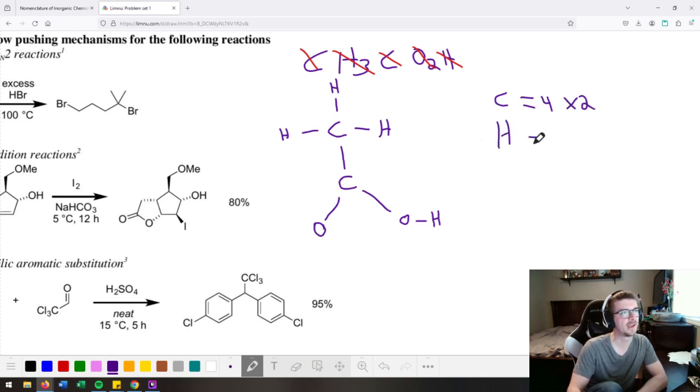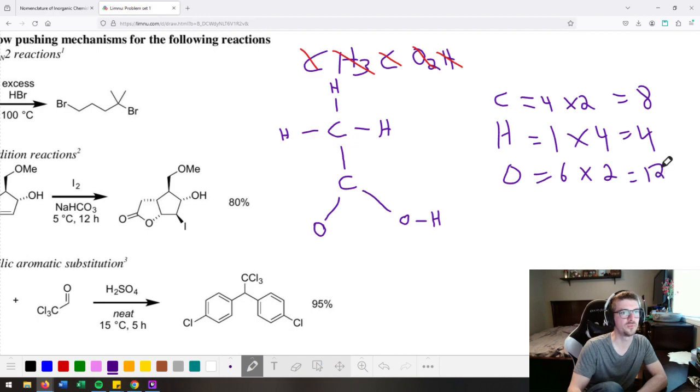Hydrogens have 1 valence electron, and there are 4 of them total. And then oxygens have 6 valence electrons, and there are 2 of those. So it's 8, 4, and 12. So this makes about 24 electrons in total.